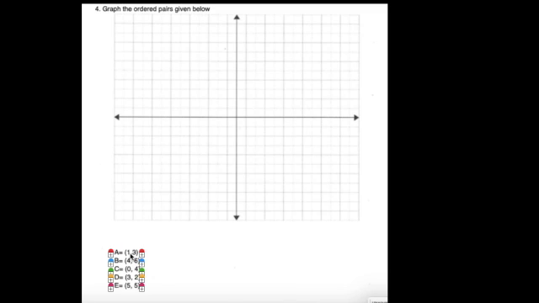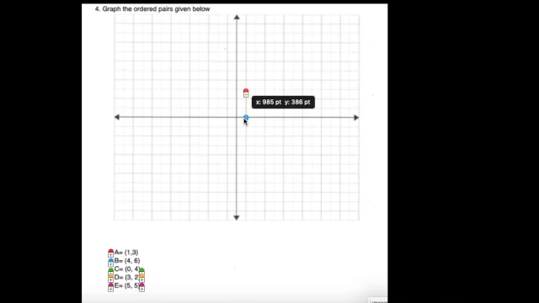So for my point A, which is the ordered pair (1, 3), let's go ahead and count. Here is the origin. We're going to go 1 on the x-axis and 1, 2, 3 on the y-axis. So here's my point. B is at (4, 6). So we'll start from the origin.